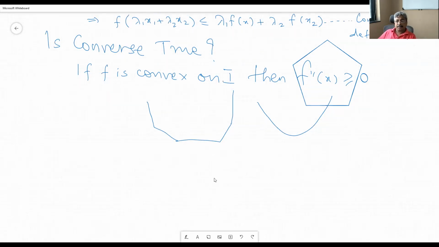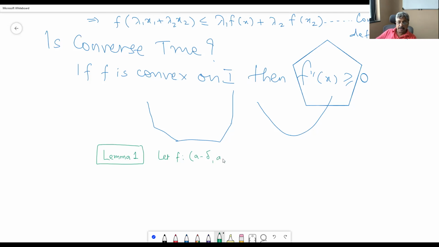For that we need to prove 2 lemmas. Lemma 1. Let f be defined from open interval a minus delta to a plus delta to R. f dash of a exists.